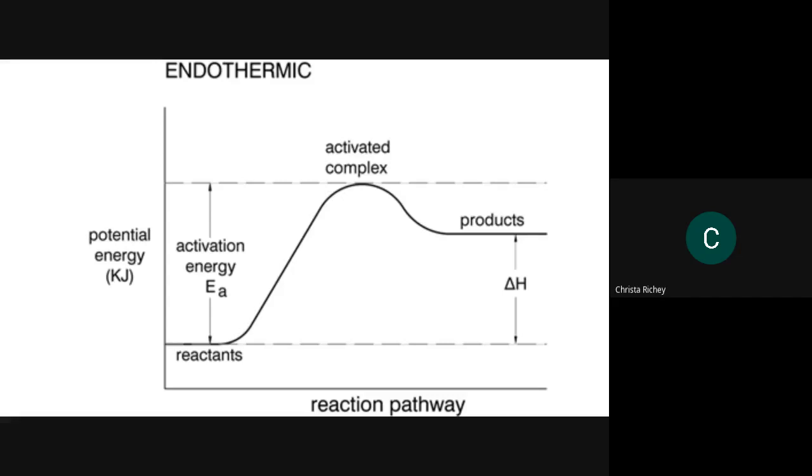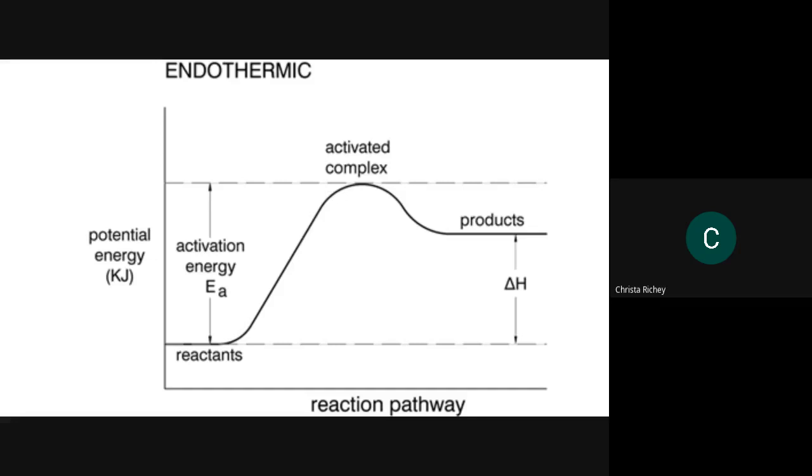So 30 minus 10 is how much? So that should be 20. And then your activation energy is the amount that it takes from the reactants to this hump. 40 minus 30, that's it.